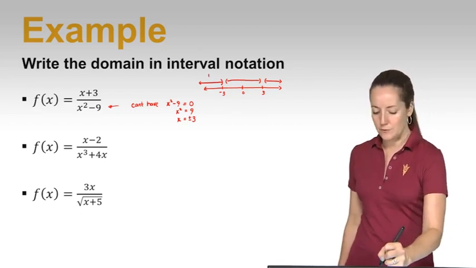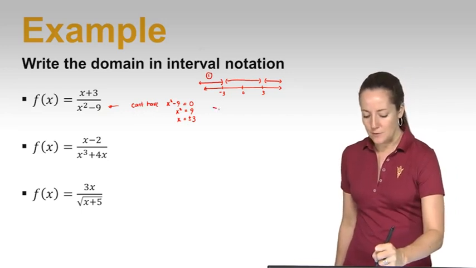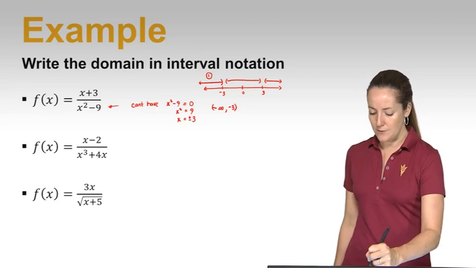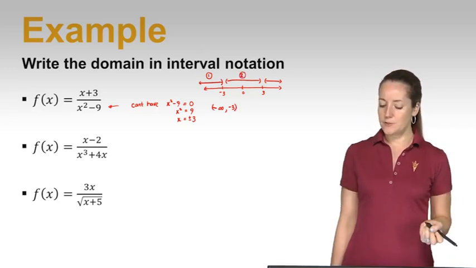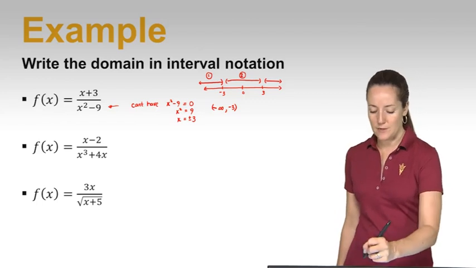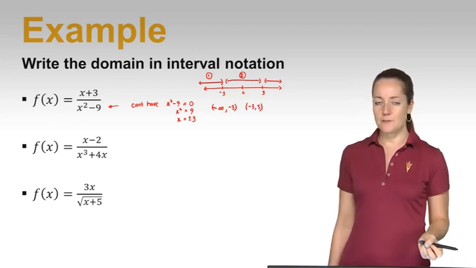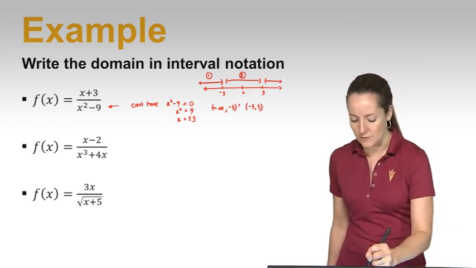The leftmost interval, this one here, goes from the left, the lowest number, negative infinity, up through but not including negative 3. The second interval we've got here is between negative 3 and positive 3. Now, in order for me to say I want both of these intervals to be part of my domain, I'm going to use a union symbol.